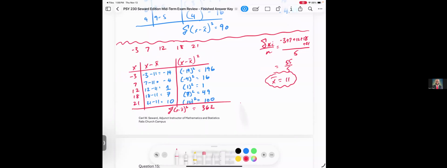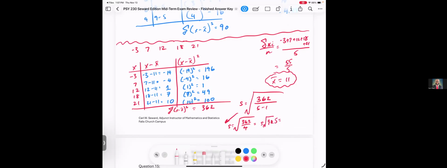So in my formula for standard deviation, assuming it's a sample, I have the top, 362, and then it's n minus 1. So 5 minus 1. Move that here. So S is equal to the square root of 362 over 4. 362 divided by 4 is 90.5.